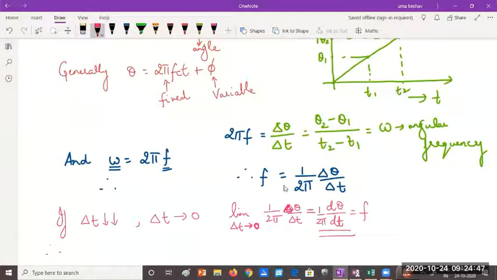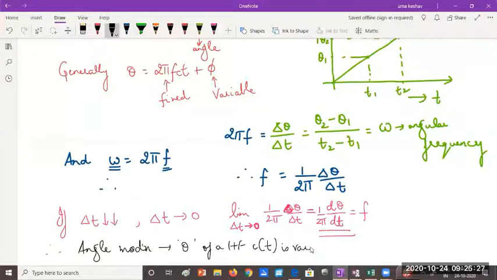Please write down: angle modulation is a technique wherein the angle component of a high frequency sinusoid, or a high frequency carrier, is varied in accordance with a low frequency message.